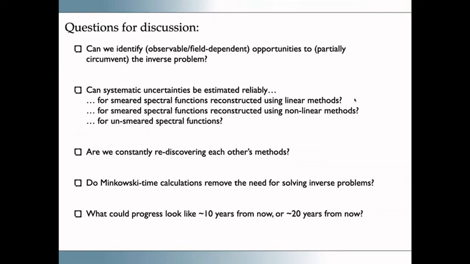Look, Alexander, I agree. I will briefly mention in tomorrow's talk, for example, a very preliminary exploration that we are doing with a machine learning technique. In that case, you have a nonlinear method, and once you understand that smearing is important, you train your network by teaching it to recognize the smeared spectral density instead of the unsmeared one.